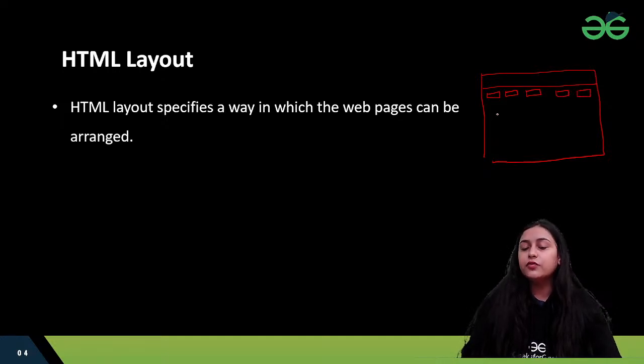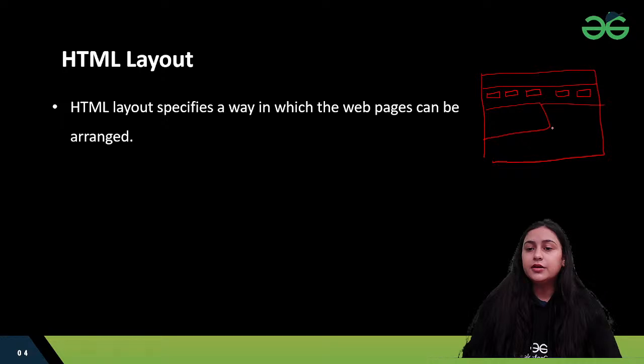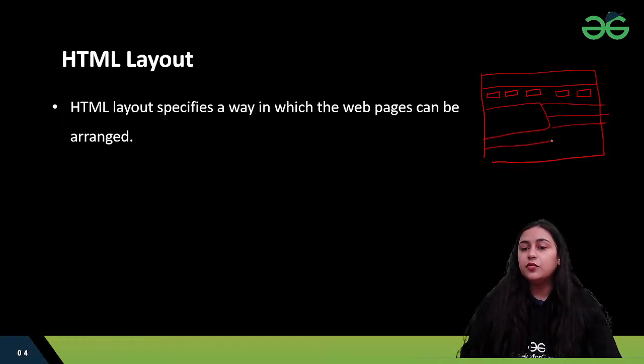So we have the nav bar. Then we have multiple sections. These sections can be like this and this, and here we can have two sections and one more section like this. These are all the body, and here we can have multiple sections, and at last we have the footer, right? At last we have the footer.